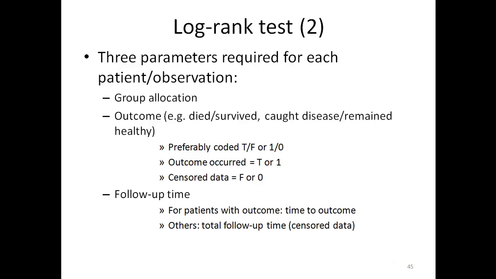The second piece of information you need is the outcome, and it should be a binary outcome, for example, died or survived, caught the disease or remained healthy, or something like that. And I suggest that you code it true, false, or 0, 1. True or 1 meaning that the individual has reached the outcome during the follow-up time, while false and 0 would indicate that nothing happened during the follow-up time.